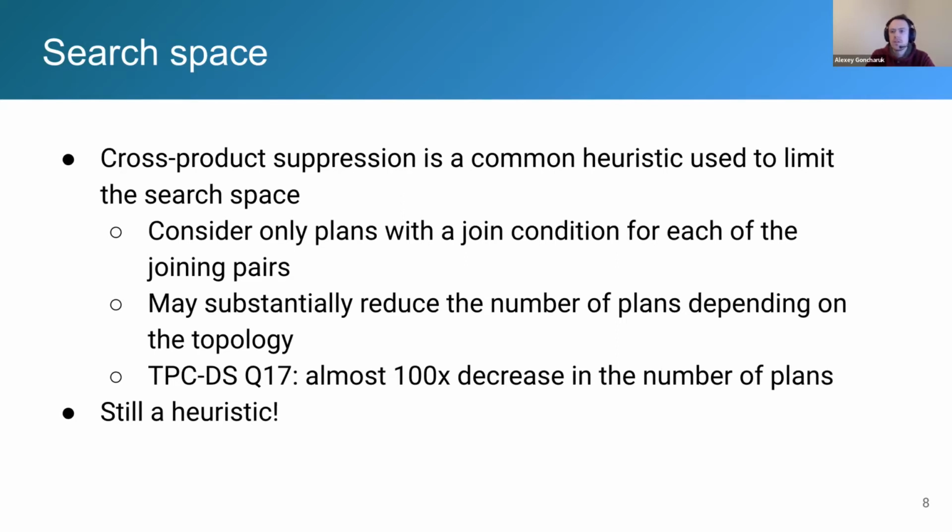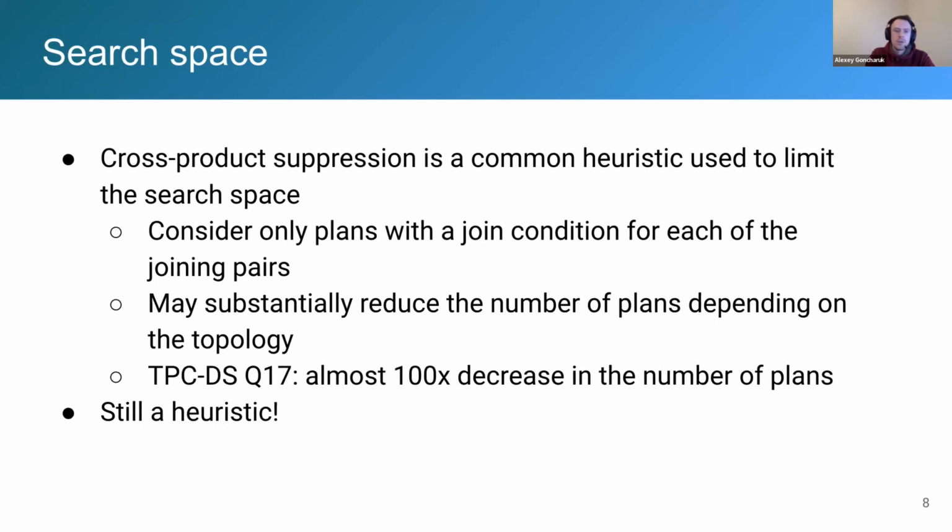Strictly speaking, there are plans with cross products that can be more optimal than the ones without cross products. But since the very early academic work on join ordering, this is a heuristic that is considered to be useful.